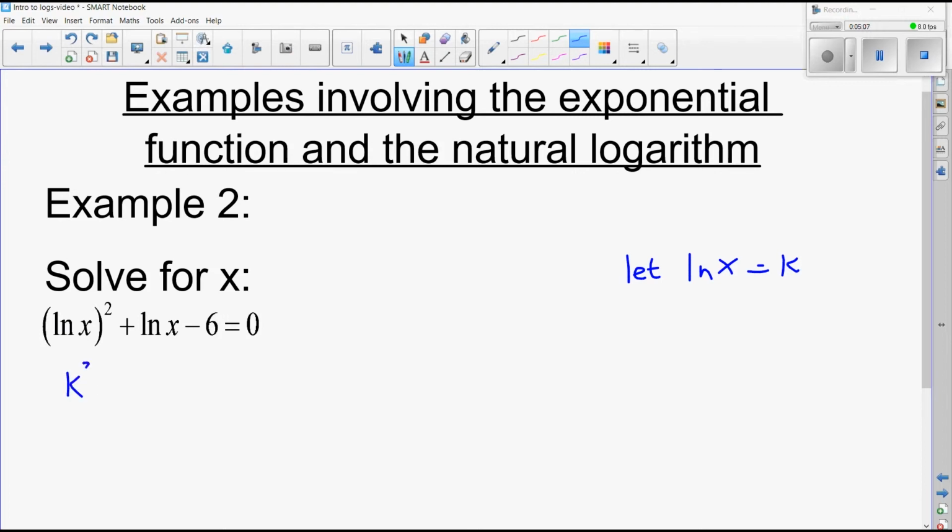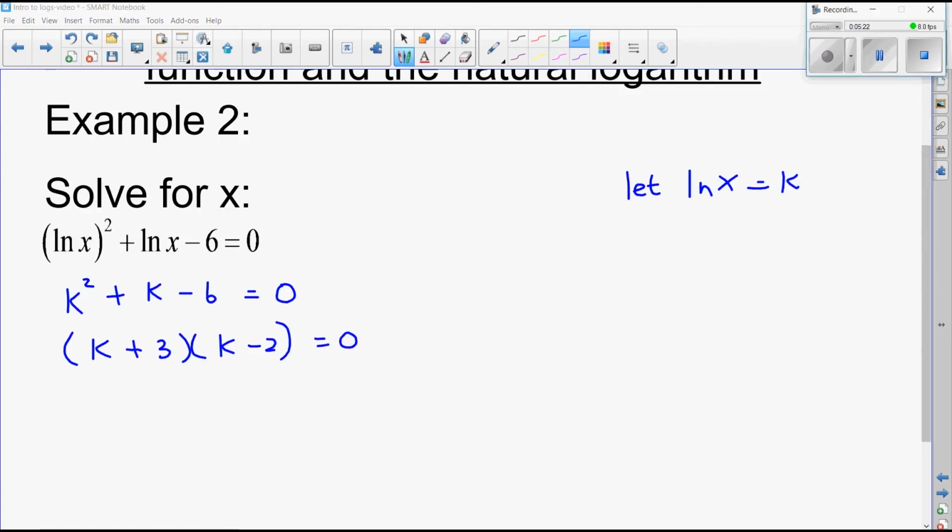So I have k squared plus k minus 6 equals 0. This is factorized. The factors will be k plus 3 multiplied by k minus 2 equals 0. Solving for k, we see that k can equal negative 3 or k equals 2.